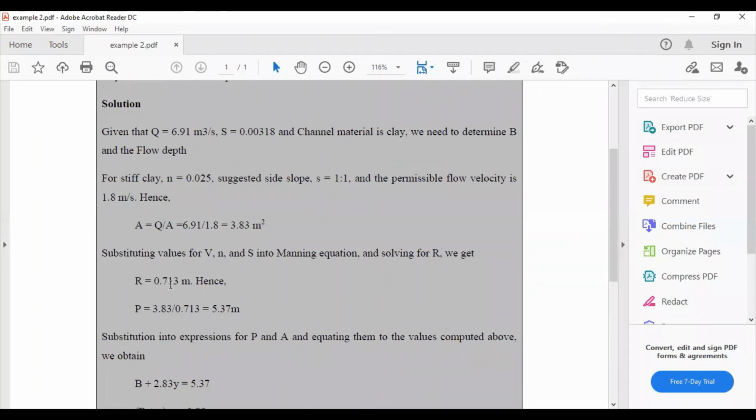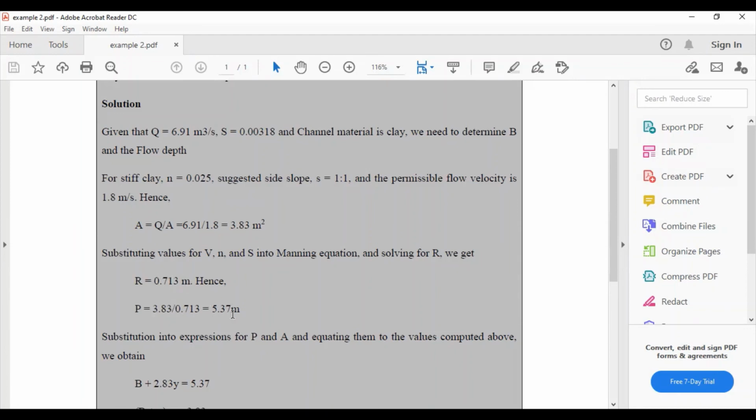Now again, we know that this r is the ratio of the area and the perimeter. So now we have the value for r and we have the value for area, meaning that we can determine the perimeter by simply dividing the area by the hydraulic radius.